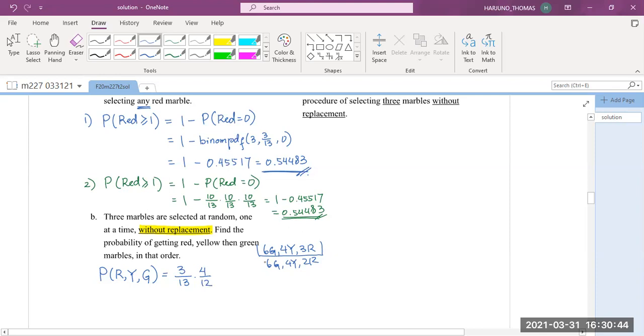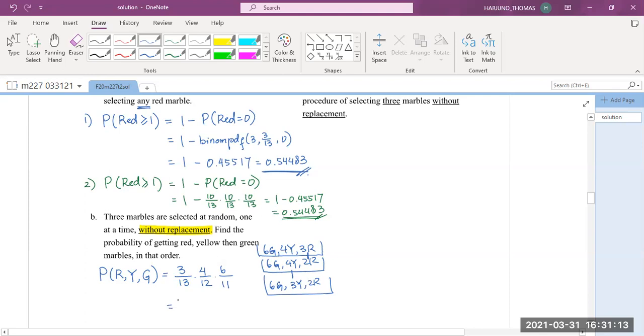After you get the yellow one out, you have only 3 yellow left, 2 red left, and still 6 greens inside that box. Now, what is the probability the last one is a green? There will be 6 out of 11.